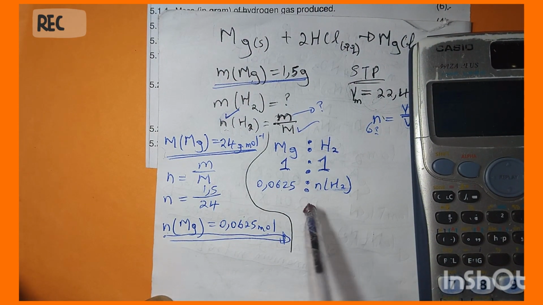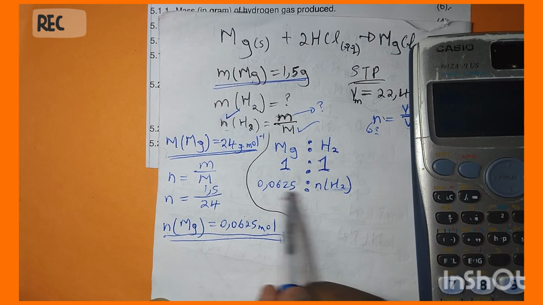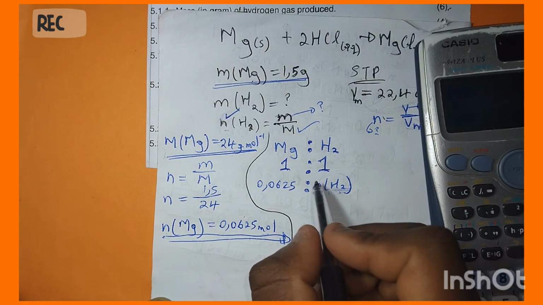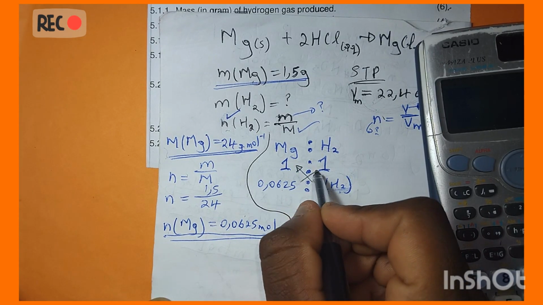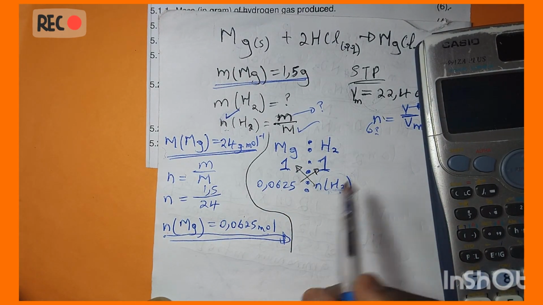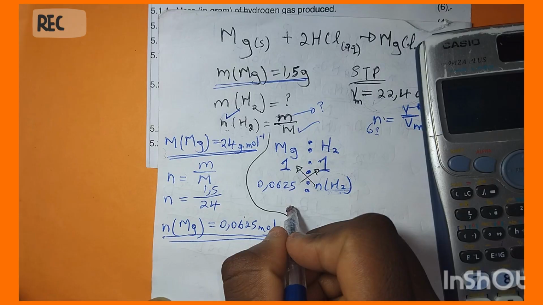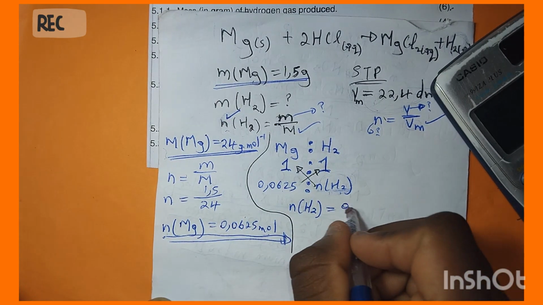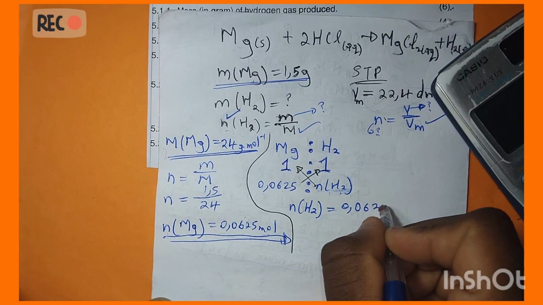So now I have a chance for me now to compare those moles there. For me to get the moles of this, I can just do a cross multiply. This will multiply there, that will multiply there. Meaning that anything when you multiply with one, you'll get the same thing there. And this multiply with that one, you'll still get the same thing there.